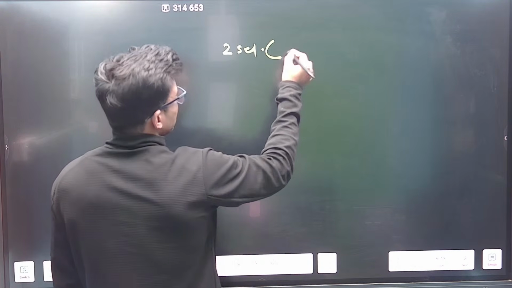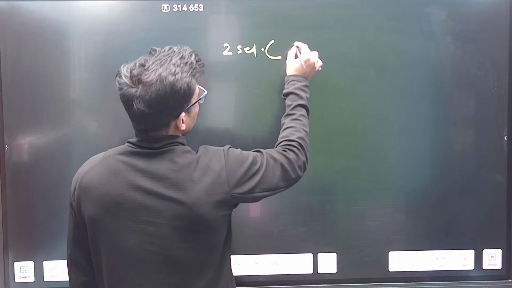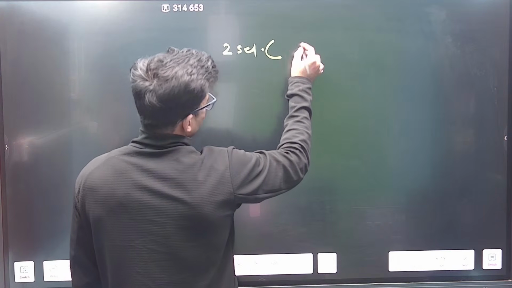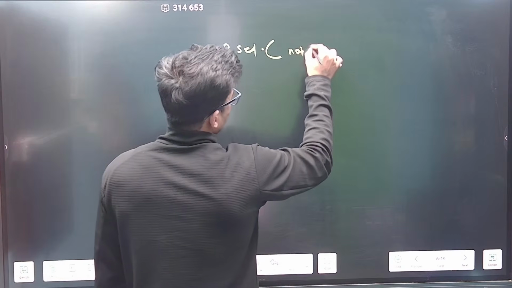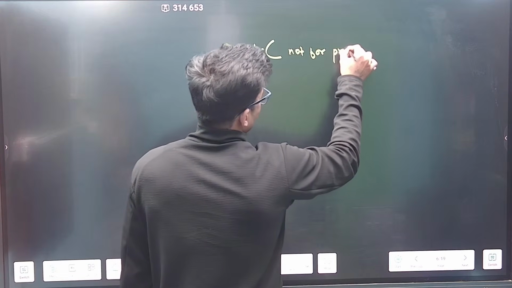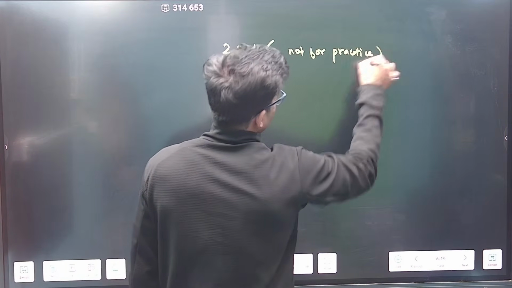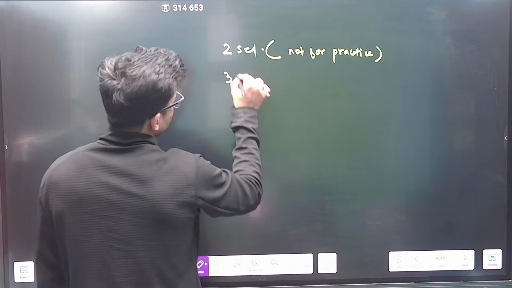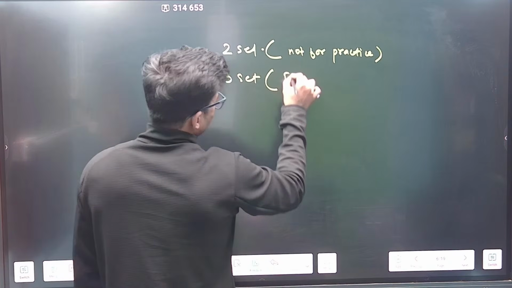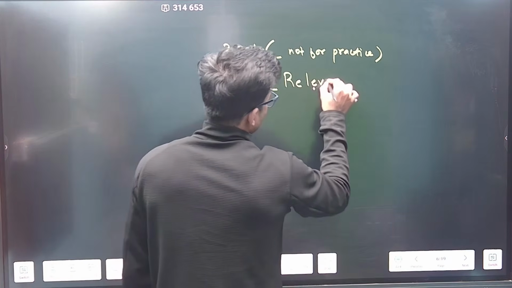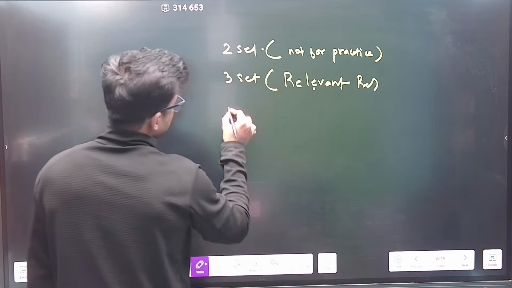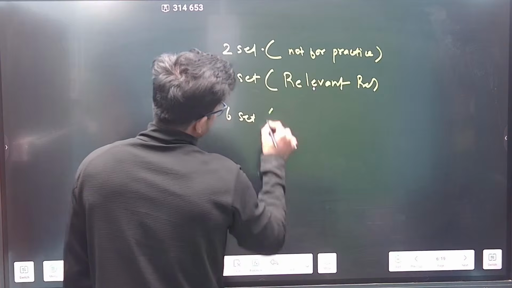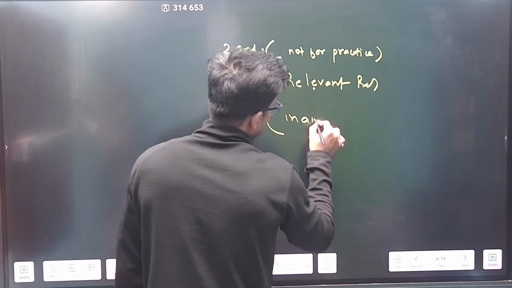I would say 2-set is not meant for practice. 3-set I would say is relevant for the prelims. If I say 6-set, it's a mains level question.